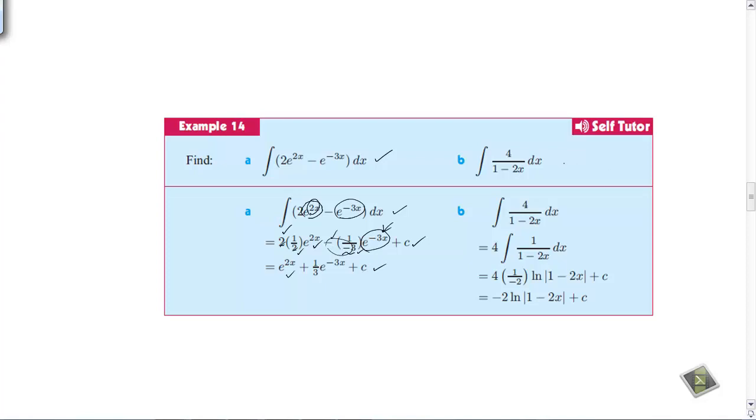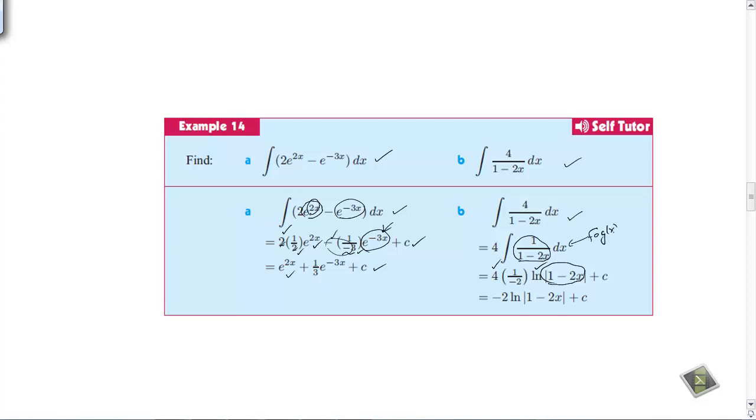What about this one over here? Let's write the problem down. Put the 4 out the front if you wish, or you can leave it in there. 4 times. Now, the integral of 1 on, or reciprocals like that. The integral of 1 on x is ln of mod x. Here it will be mod of 1 take 2x, because this is a function of a function, isn't it?